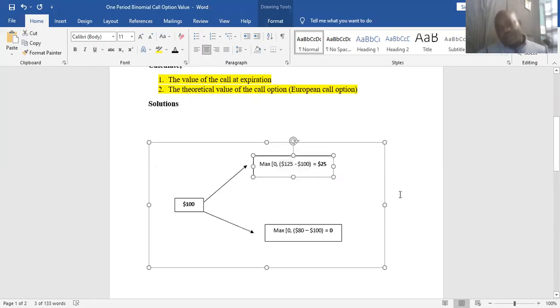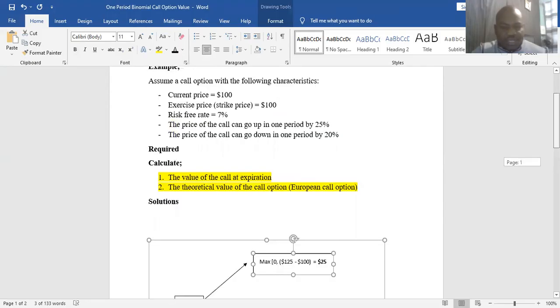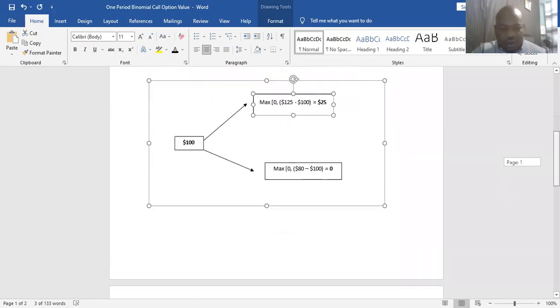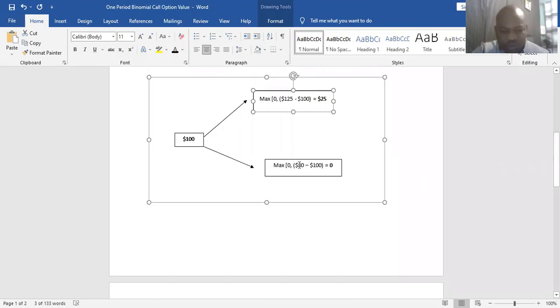So the 25 carries the day. And then when it comes here, the downward swing is that the price can go down by 20%. So the price going down by 20% will be 80. 80 minus exercise gives me negative 20. The bigger number between negative 20 and 0 will be 0. That's it.